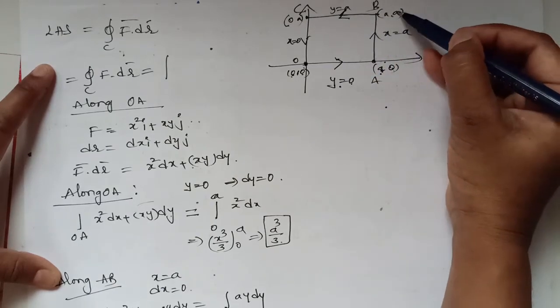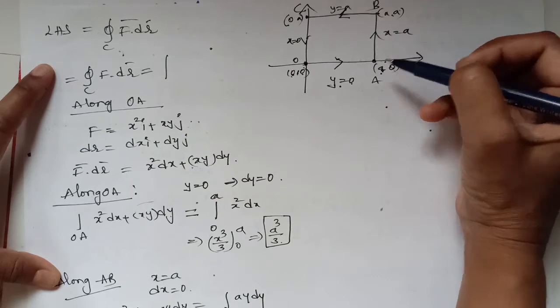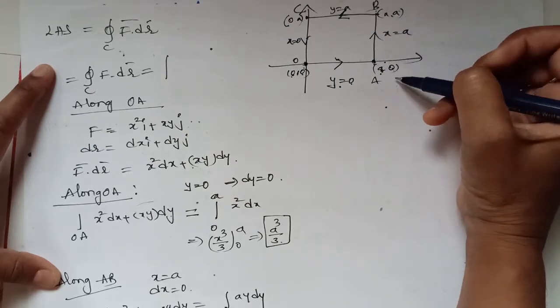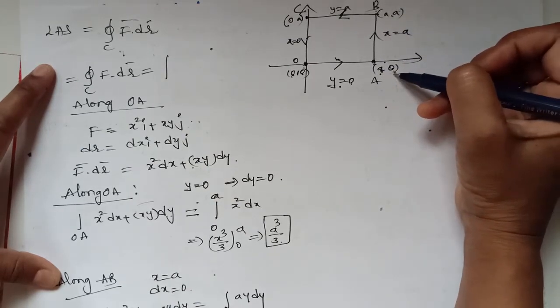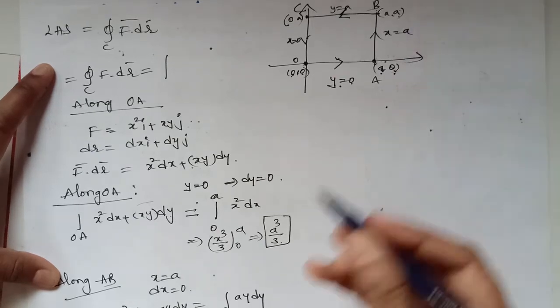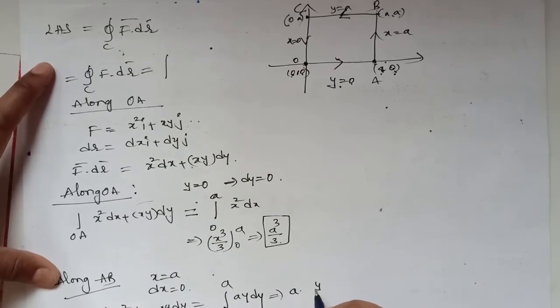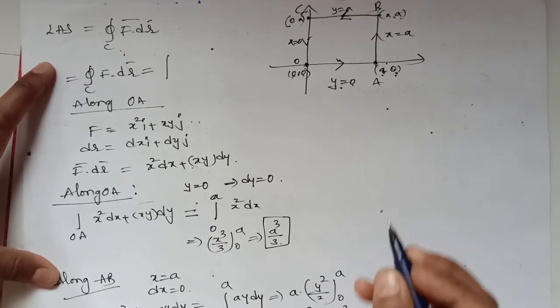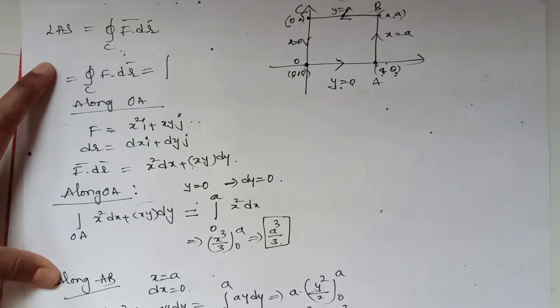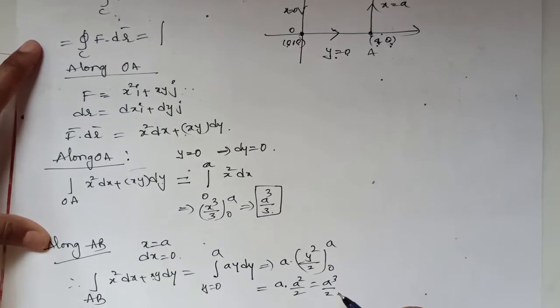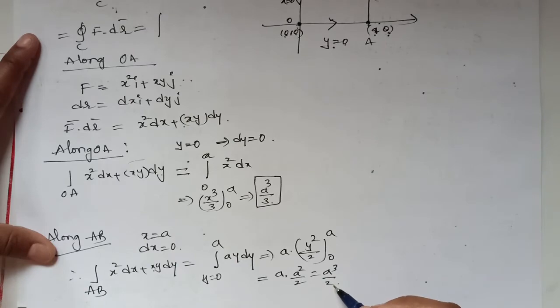Don't write limits from a to 0 along AB. So y limits are from 0 to a. This implies a is a constant, y square by 2 is the integration of y, limits 0 to a. Therefore a into a square by 2, which is equal to a cube by 2. Along AB, a cube by 2.